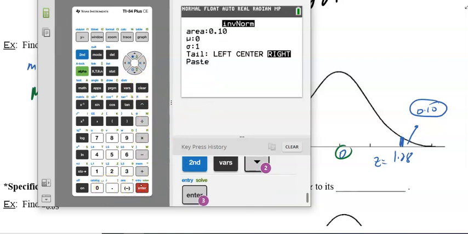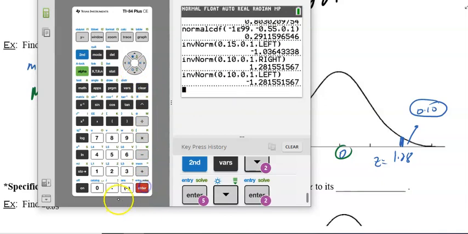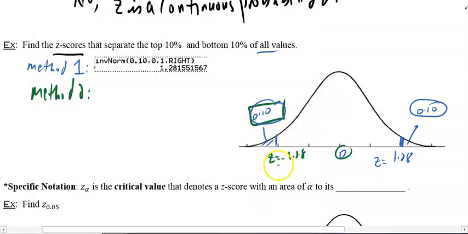Yep. But I want the area to the left, not to the right. If they tell me this is negative 1.28, so this was using blue, I automatically assume that's negative 1.28. Here, if they tell me that this z is 1.28 negative, I could use the fact that this is symmetric and figure the top one out.